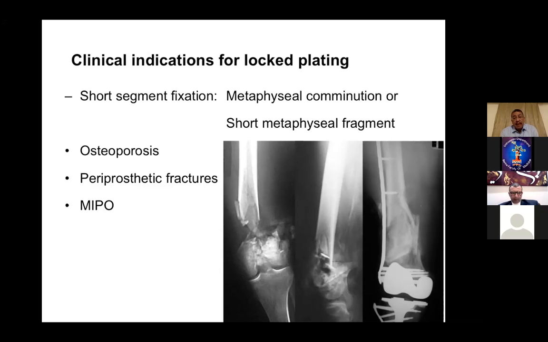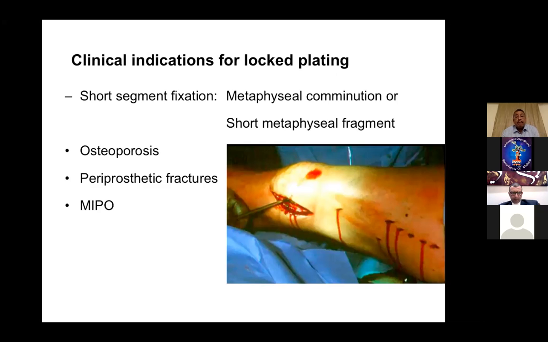Conventional plates will not help. Third, periprosthetic fractures, like we have here. So you can have locked screws in osteoporotic bone around prosthesis. They will help. This is short segment fixation again. And lastly, in minimal invasive plating techniques. And we explained why.